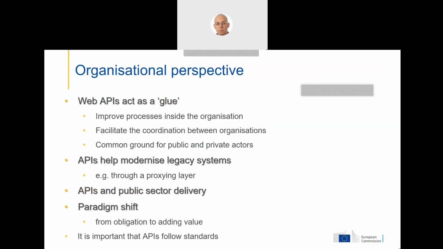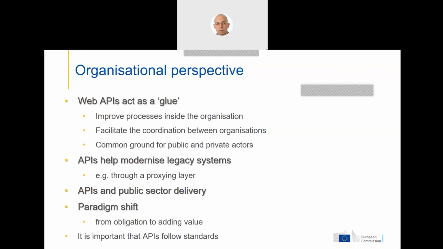APIs can help us modernize legacy systems. We will see interesting examples in the deployments part of our workshop, where existing systems are proxied through a layer that implements APIs.